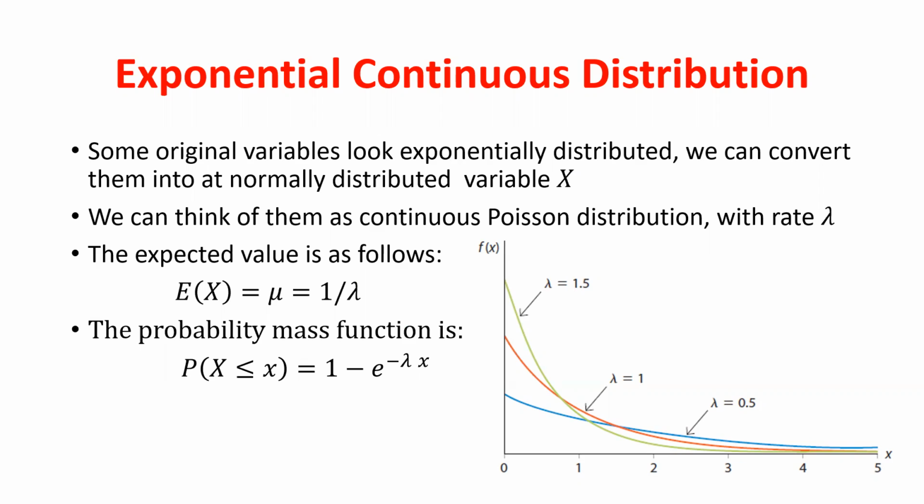If we had, instead of a normally distributed variable, an exponentially distributed variable, it would look something similar to this, right? So what this is really telling us is that the probability of seeing low values is relatively high, while the probability of seeing values further out starts to get smaller and smaller.